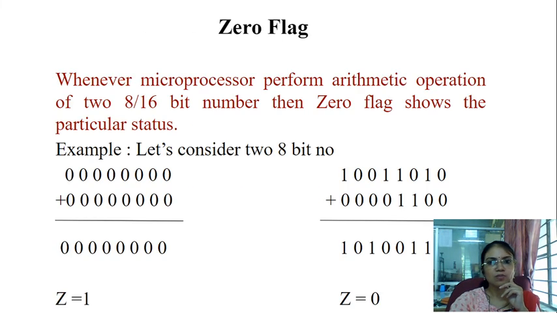So arithmetic operation हमारे साइन नंबर के भी हो सकते हैं और अनसाइन नंबर के भी हो सकते हैं.